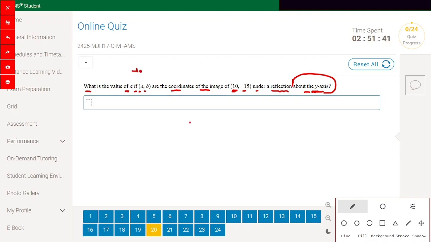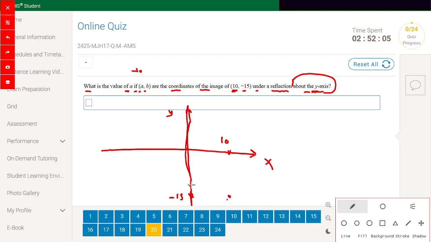Let's see how we did it. This is the coordinates here, I have x and y. Now let's draw the point. It's (10, -15). Let's assume this is 10 and here is -15, so this is the point. Now it says the reflection about the y-axis, so this is the mirror.